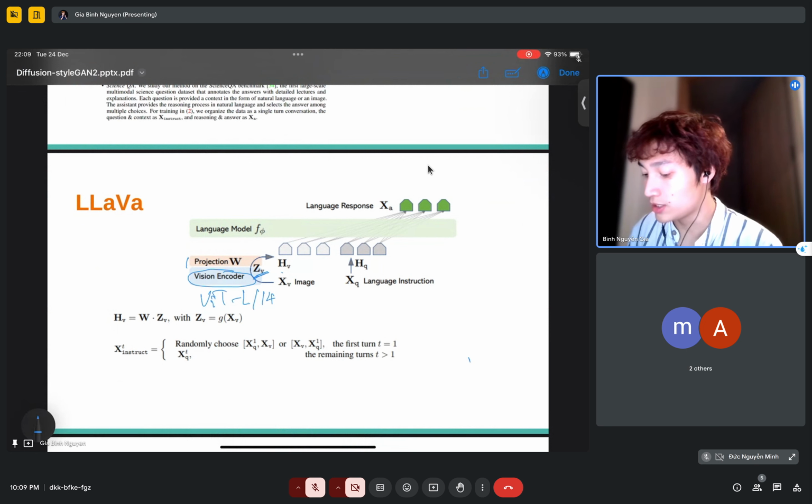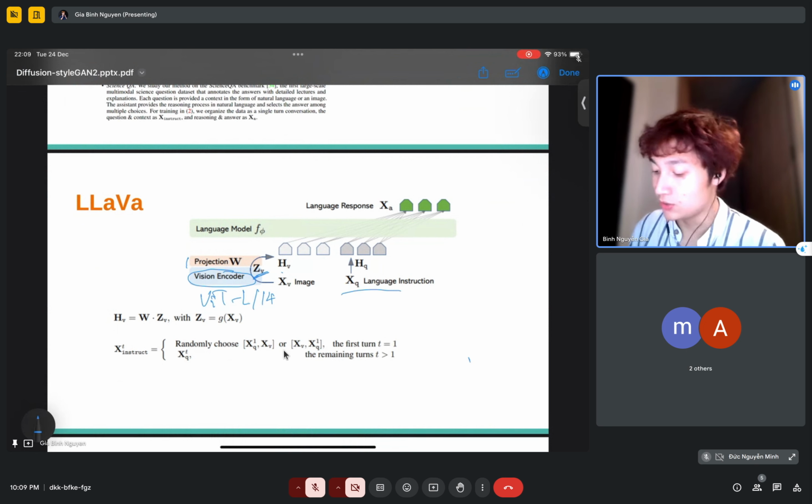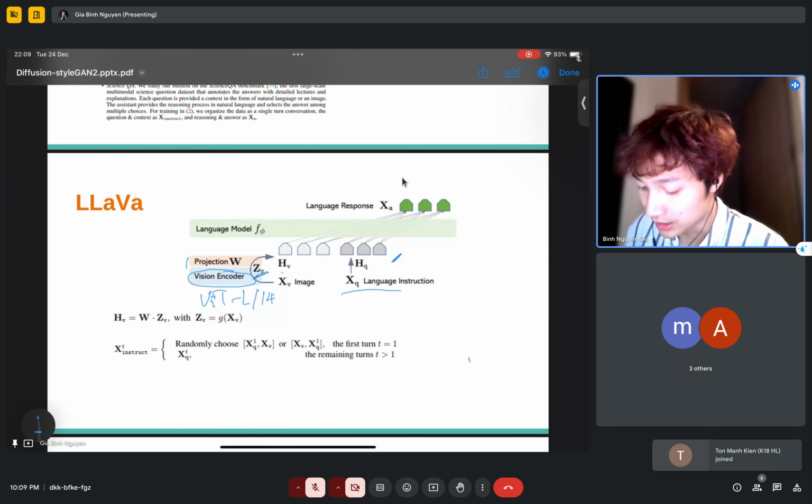The question here is directly embedded into H_q, which is the text embedding of the question.